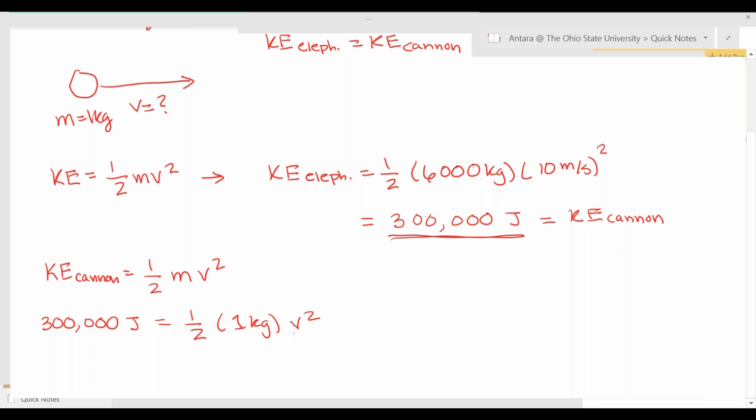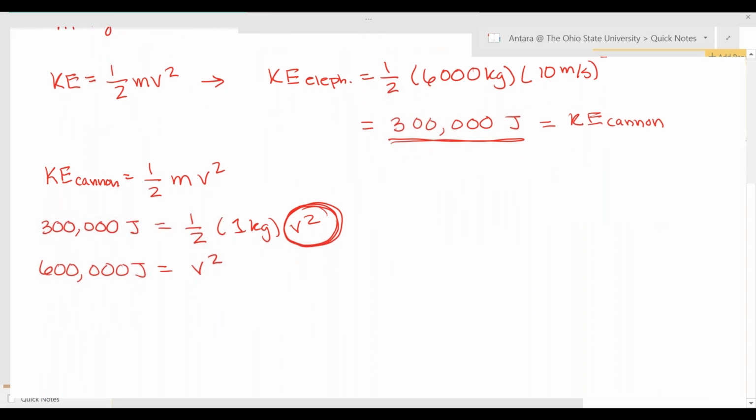So we're going to solve for this variable, v. The 1 kilogram really cancels out because it's a 1. So we're going to divide by 1/2 on each side, and we get 600,000 joules equals v squared.